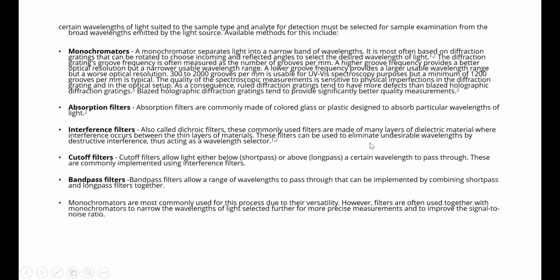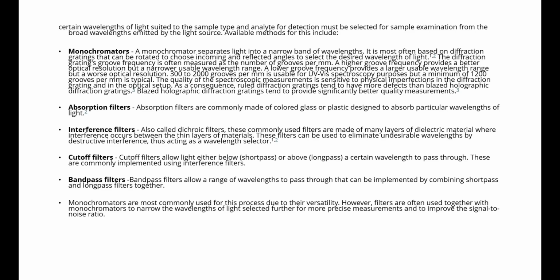So when I say monochromator, it is going to consist of absorption filters, optical devices, interference filters, cutoff filters, and so on and so forth, right? It is going to have mirrors and it is going to have gratings. Now when I say the gratings, as I told you earlier, these are thin alumina sheets, highly polished sheets, and there are grooves on them. There are hundreds and thousands of grooves within 1 millimeter area.